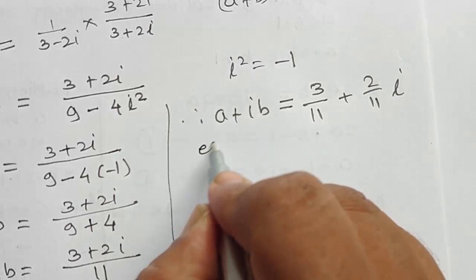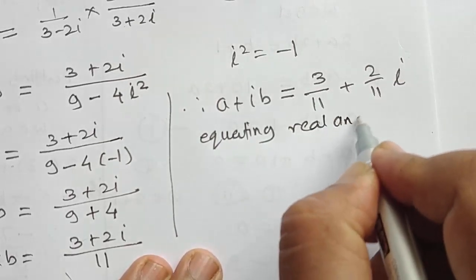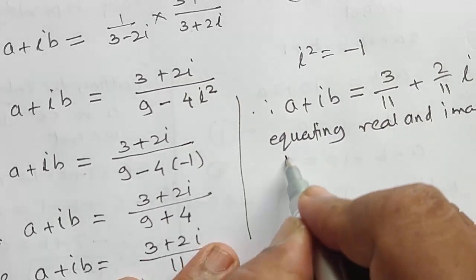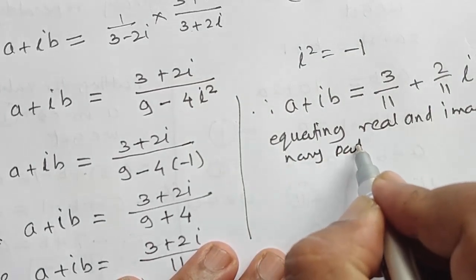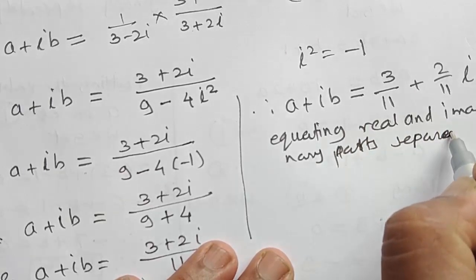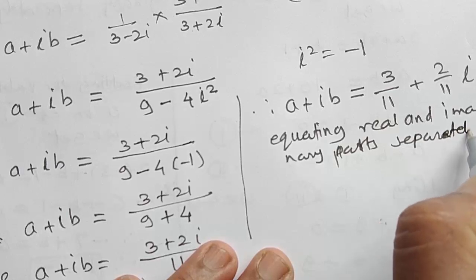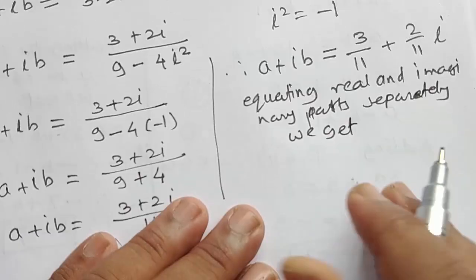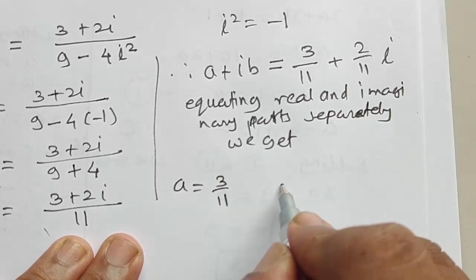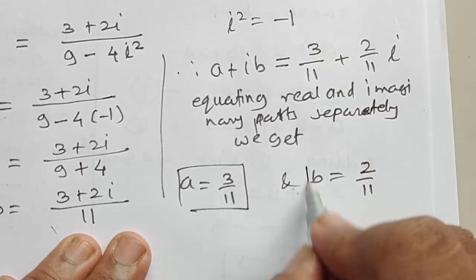Therefore, equating real and imaginary parts separately, we get a is equal to 3 upon 11 and b is equal to 2 upon 11. So, these are the values of a and b.